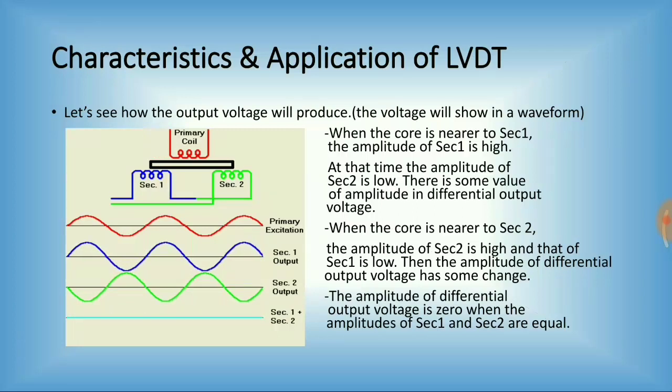When the core is nearer to S2, the amplitude of S2 is high and that of S1 is low. Then the amplitude of the differential output voltage changes. The amplitude of the differential output voltage is 0 when the amplitudes of S1 and S2 are equal.